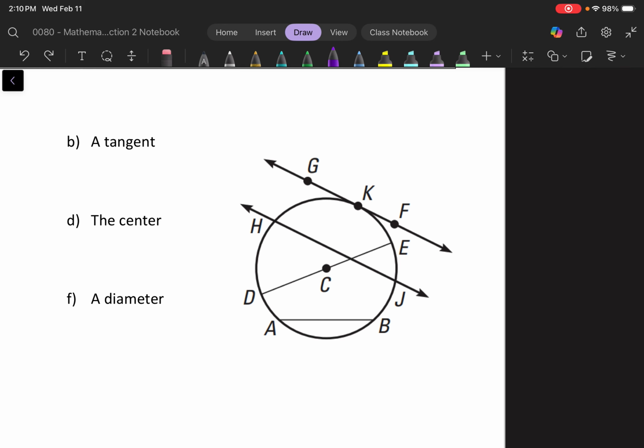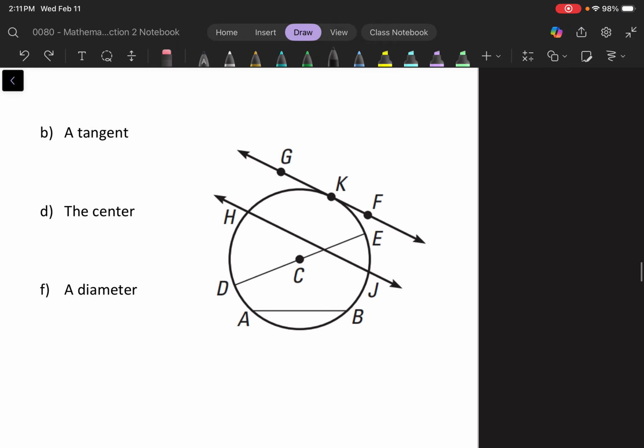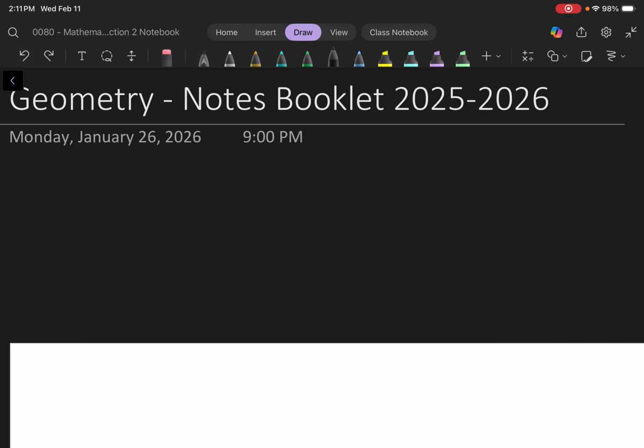The reason why there's no points drawn in is it's kind of because it's assumed. We don't typically just name a point for no reason. We don't just pick a point out of thin air and hope we're talking about that. We pick a point usually that's of interest to us in some way. So like this H, for example.